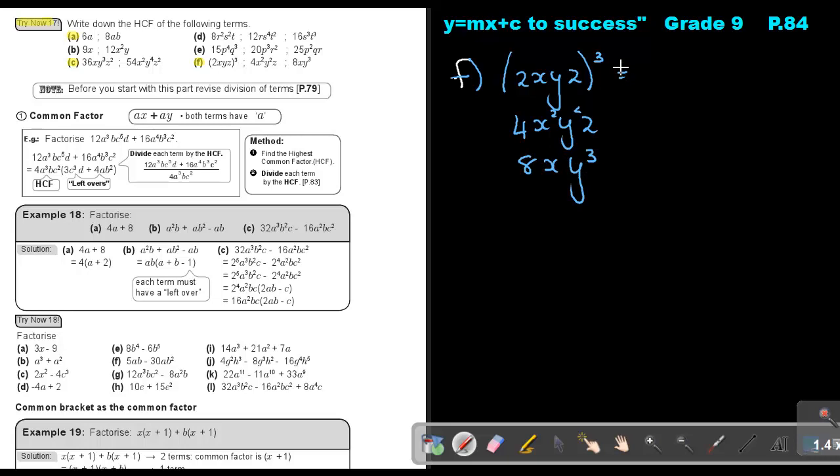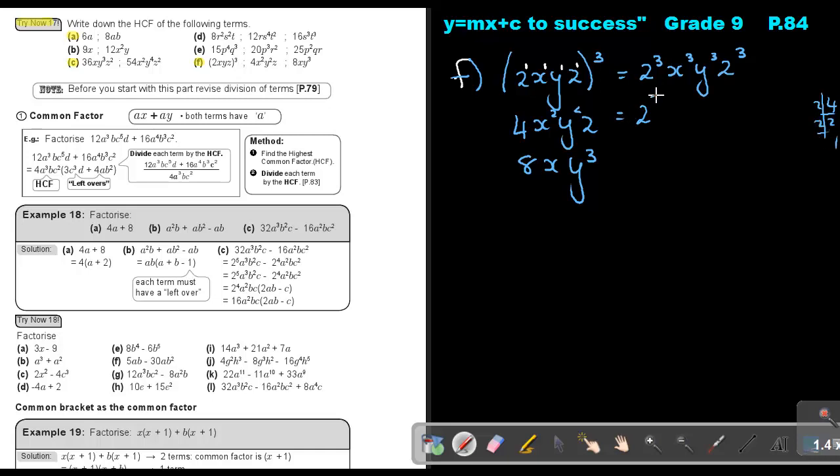Now remember what we did in multiplication. It's my girl and my boys. And whatever I do to one, I do to everyone. So it's 2 to the power 3, x to the power 3, y to the power 3, z to the power 3. Can you still remember 4? That's easy. So it's 2, 2, 2, 1.